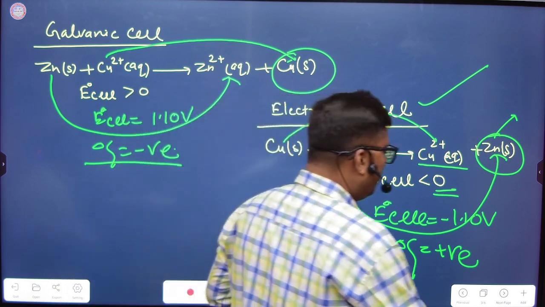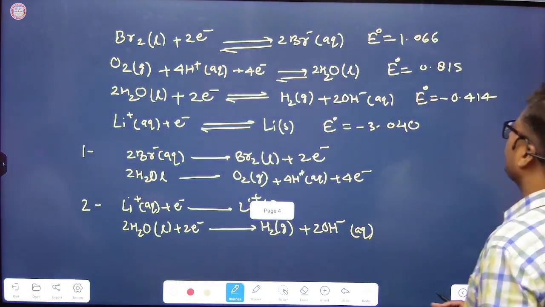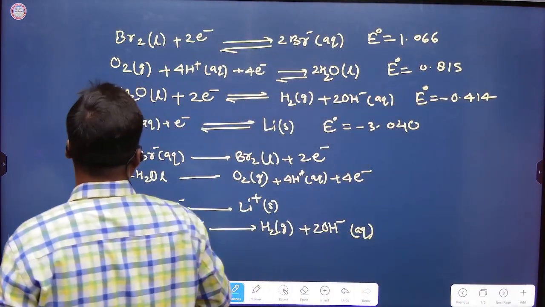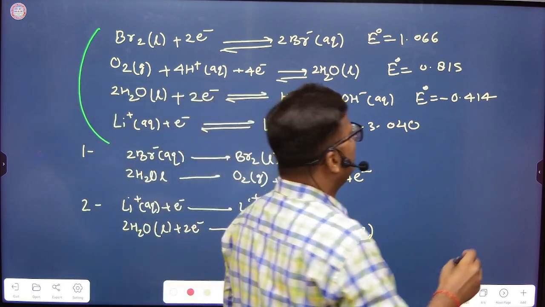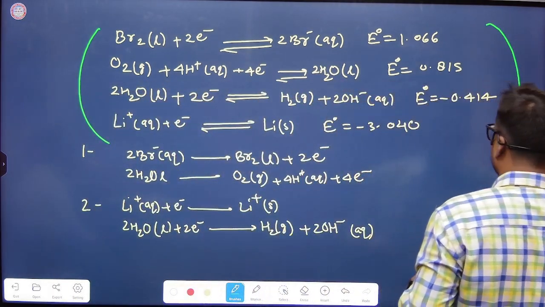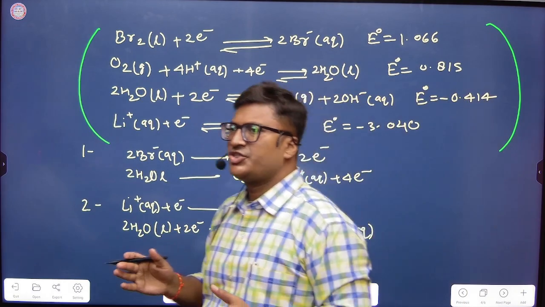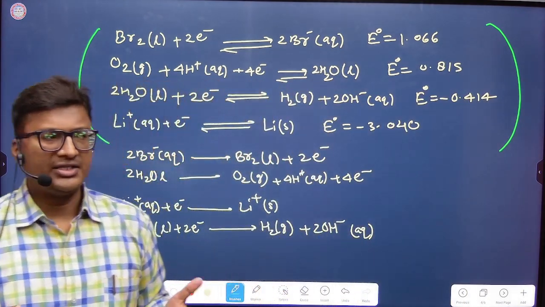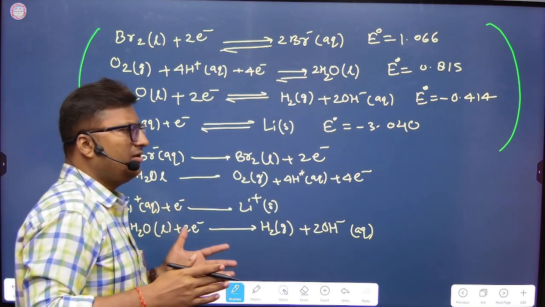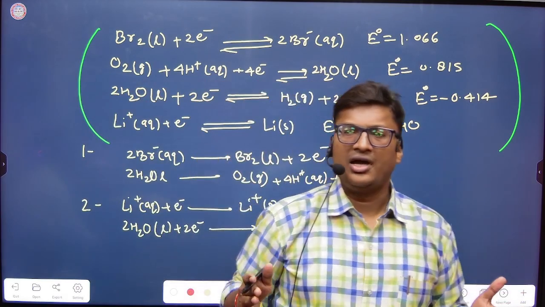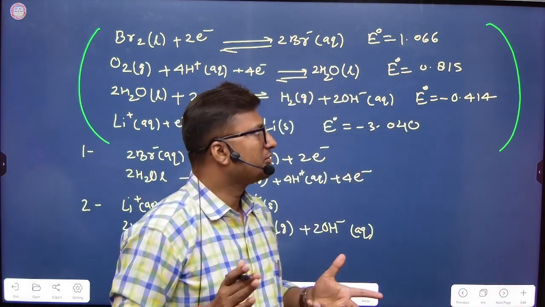So what happens? Suppose we have water, right? So the water generally contains metal ions and anions; water contains H+ and OH-, right?